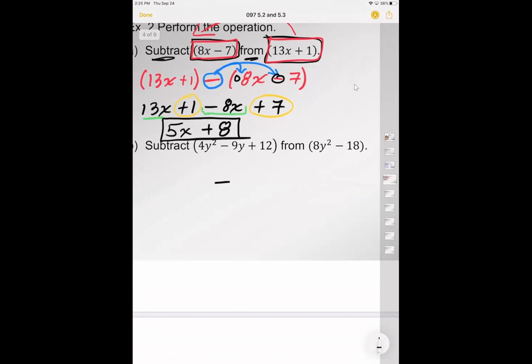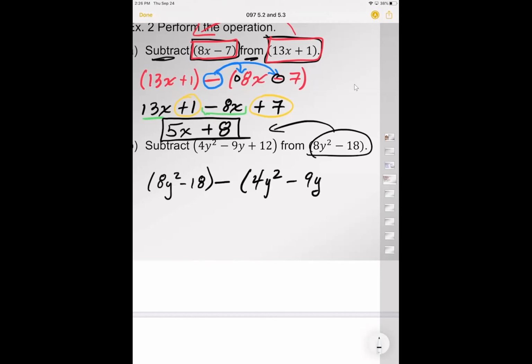I just need to take something in the back and move it to the front, in the sense that I have a y to the second minus 18, and then the item here 4y squared minus 9y plus 12. And that is what you guys need to remember: when you subtract something from something, the from item has to go in front of the operation.